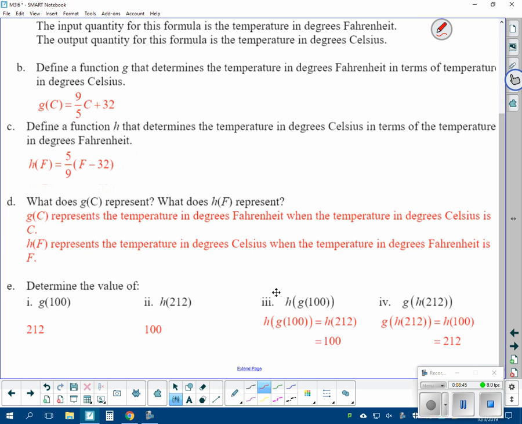Notice that on part E, parts 3 and 4, you found H of G of 100. What was your output? It was still 100. When your input was 212, the output's still 212. So if you put a number into a composition of functions that are inverses, you should get the same input as your output. Everybody good?